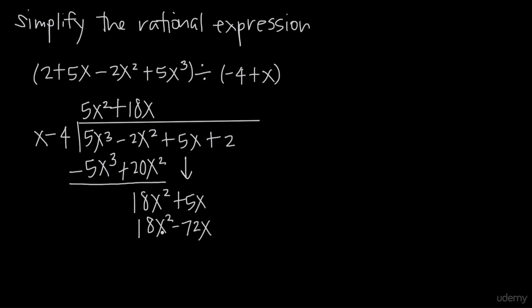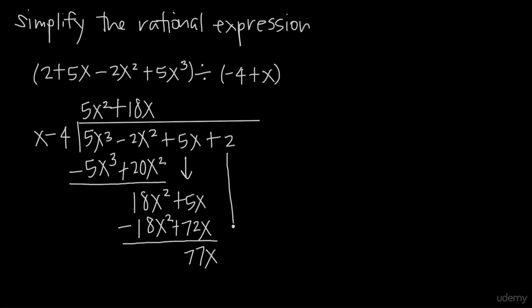Now we change the signs and add. Change the sign from a positive to a negative, change the sign from a negative to a positive, and then add. 18x squared plus -18x squared is 0. Those terms cancel. Positive 5x plus 72x gives me a positive 77x.